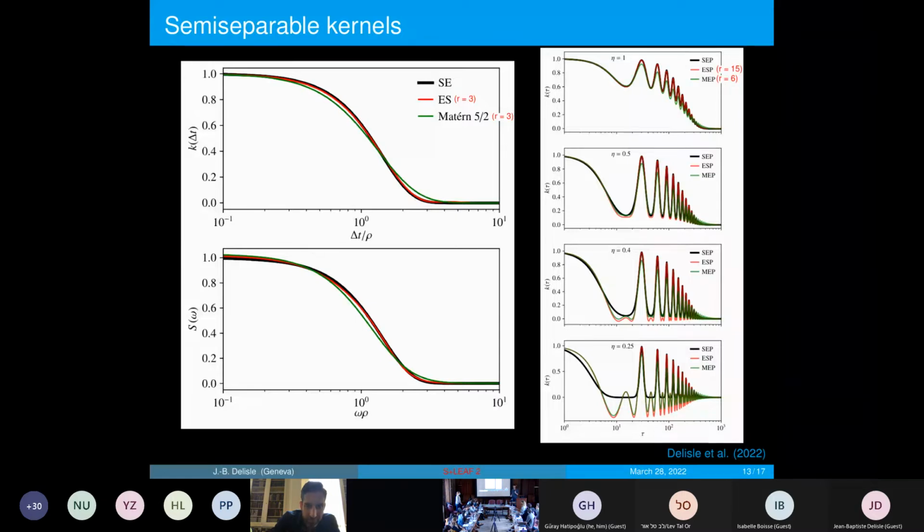So we can combine as many celerite terms as we want. Of course, if we have lots, it will cost more. But we can try to mimic here a squared exponential kernel, and it works quite nicely.